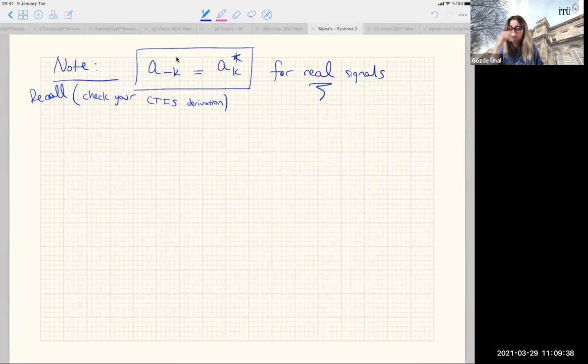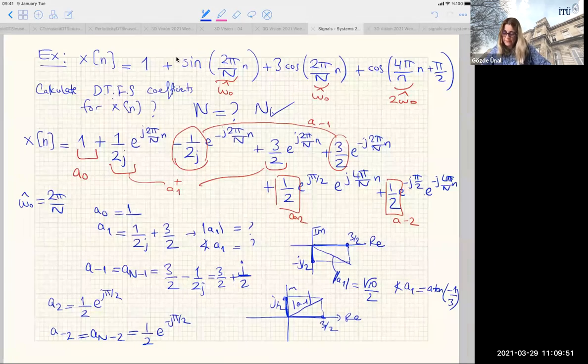This is valid only for real signals. We derived it for real signals. Check your derivation if you forget this, but you can also see it is valid here.